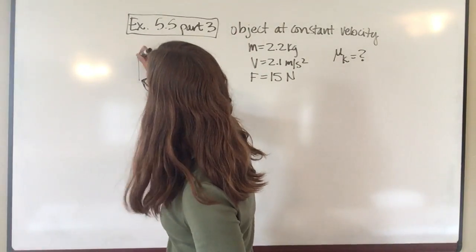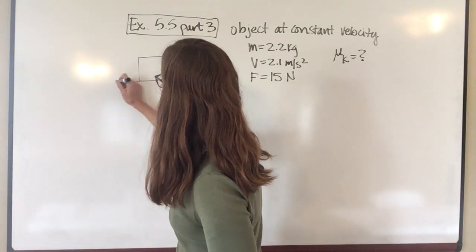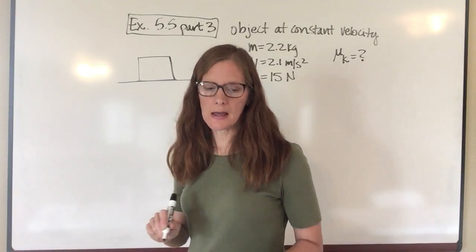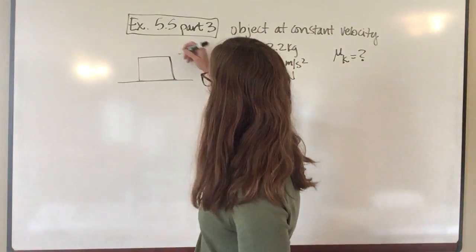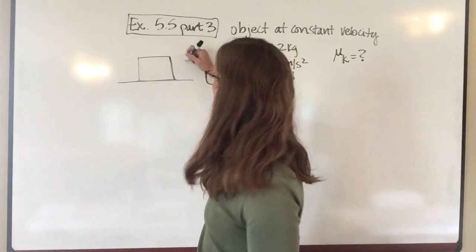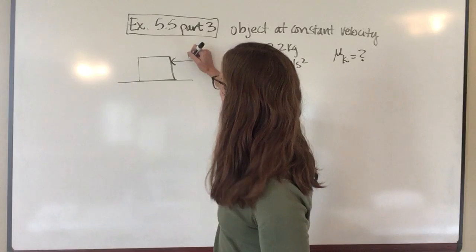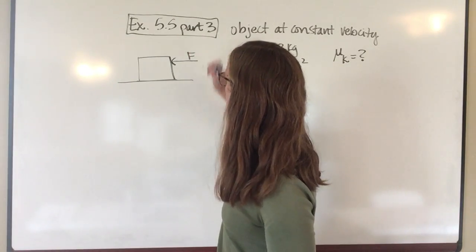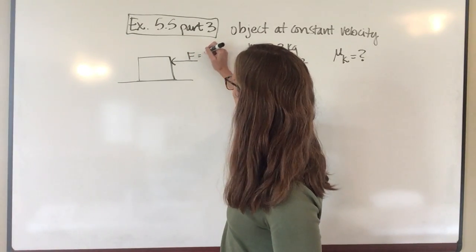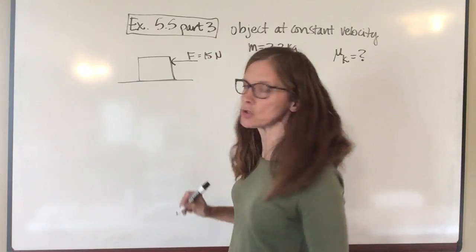Okay, so I have my box sitting on the floor, and I know that the man is pushing it, and in the picture, it's showing me that he's pushing it this direction. So here's the force that he's applying, and I know that it is 15 newtons. I've been told that.